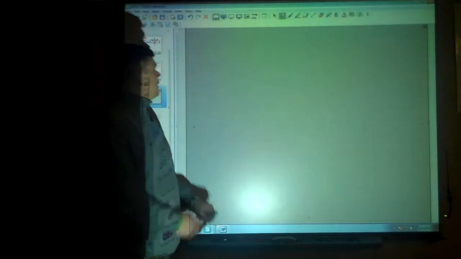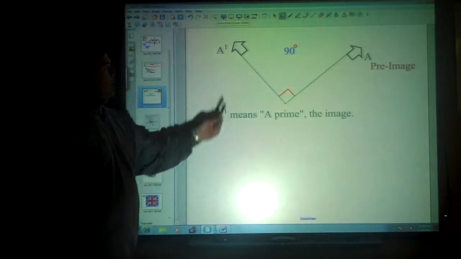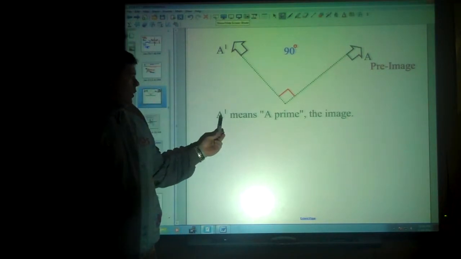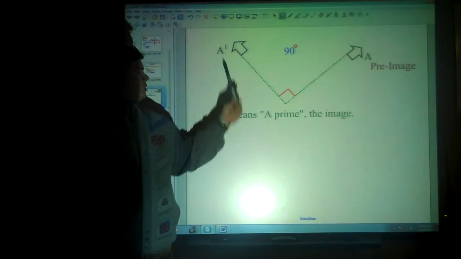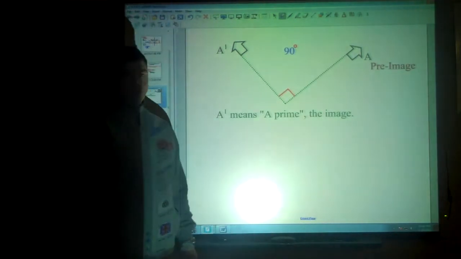Alright, looking at that again, here's another shape that has the angle of rotation. Here we have a shape of an arrow. I'm calling it A with a little 1. That little 1 is read as prime. So this is the image. Over here we have A, which we're calling the pre-image. It hasn't been moved.